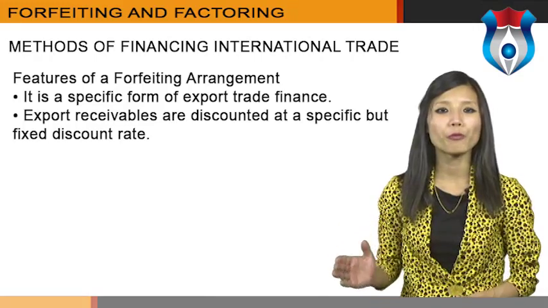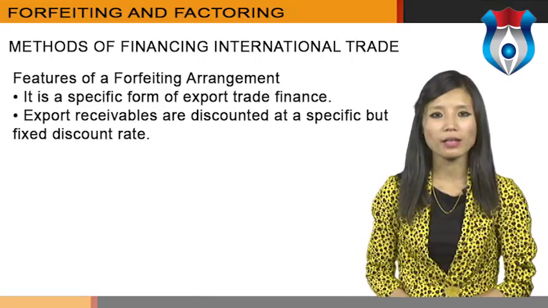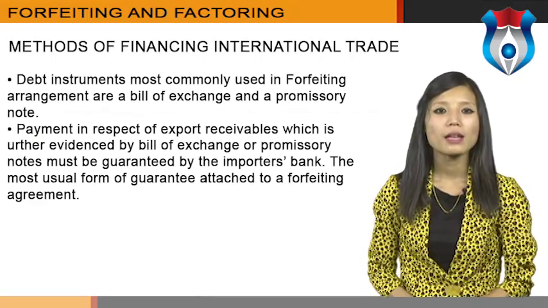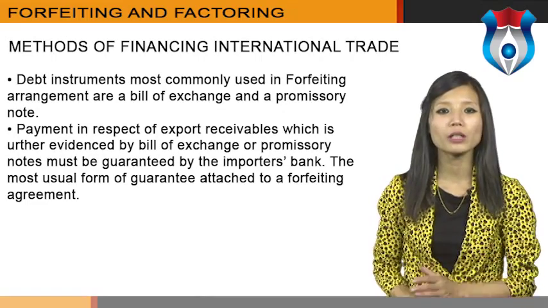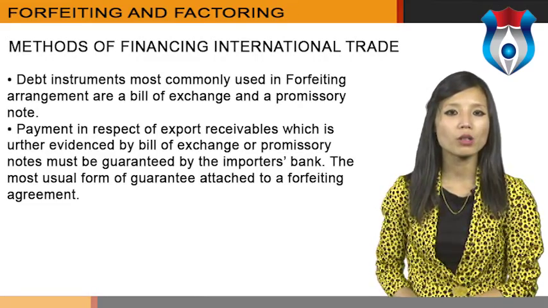Features of a forfeiting arrangement. It is a specific form of export trade finance. Export receivables are discounted at a specific but fixed discount rate. Debt instruments most commonly used in forfeiting arrangement are a bill of exchange and a promissory note.